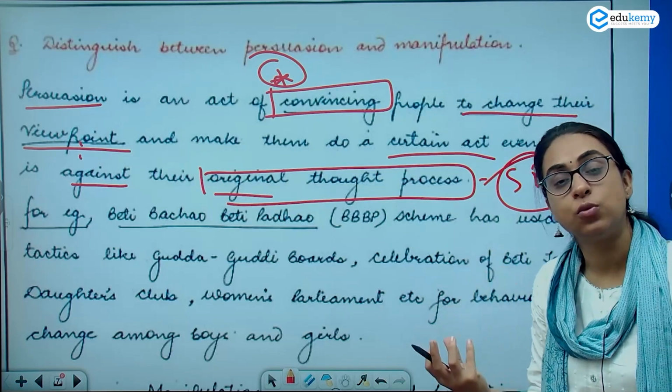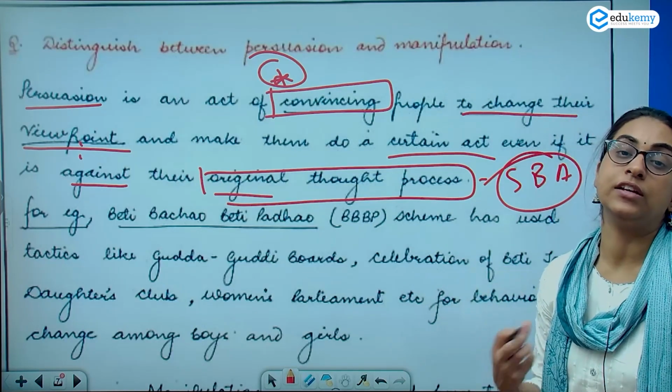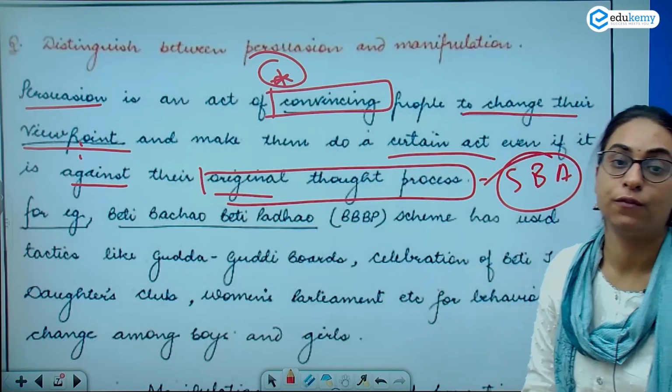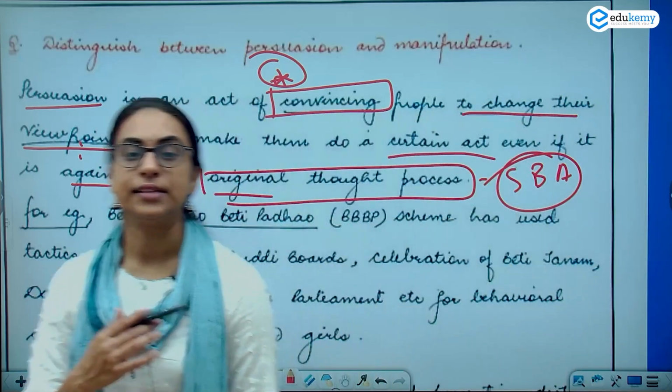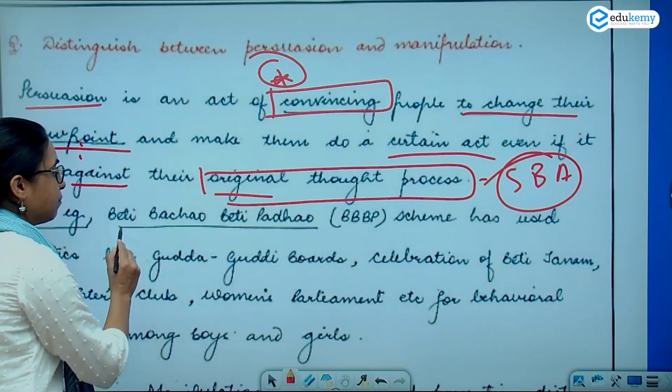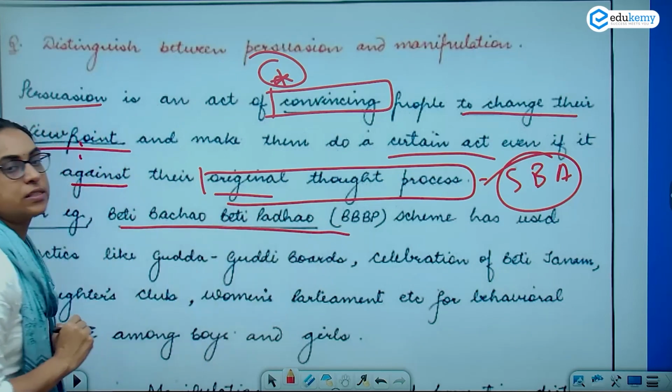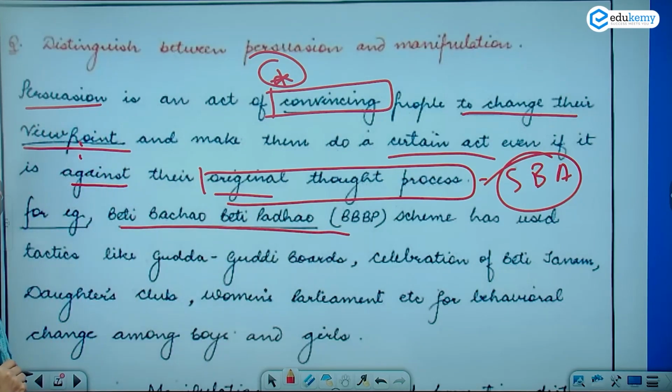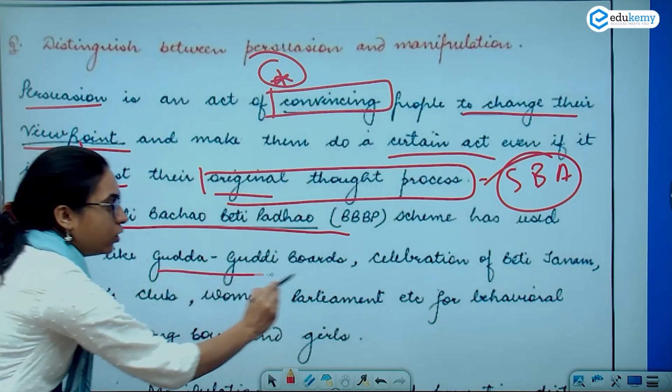What is it doing? It is persuading the people. It is convincing the people to change their viewpoint. For example, here the example that we have written is the Beti Bachao, Beti Padhao scheme. It has used tactics like Gudda Guddi boards.